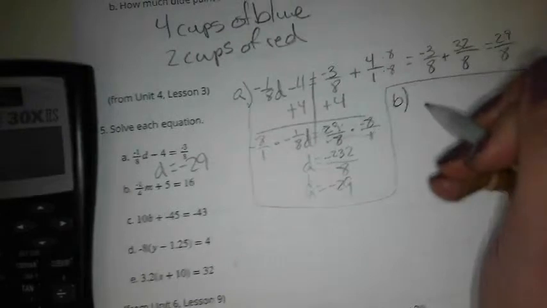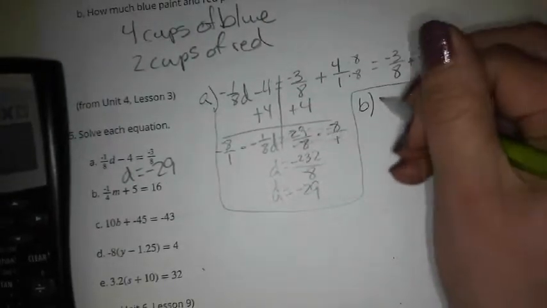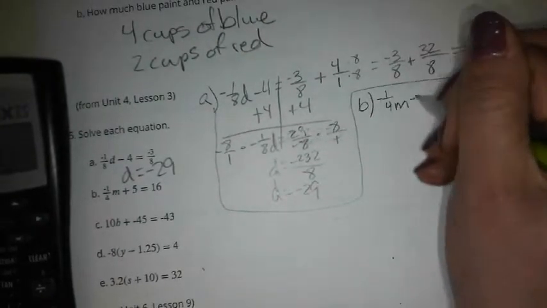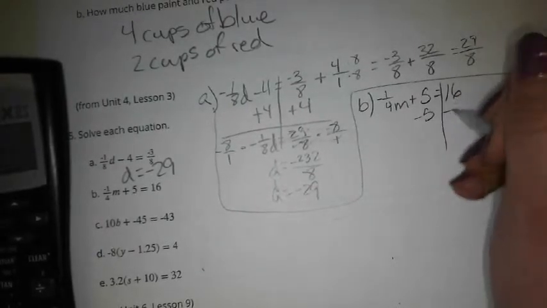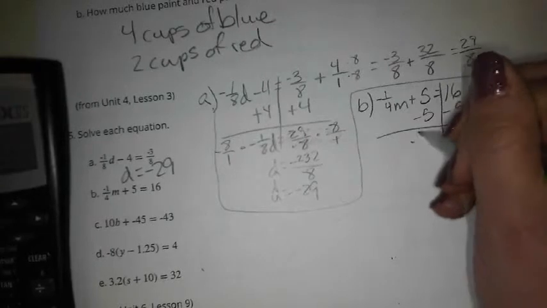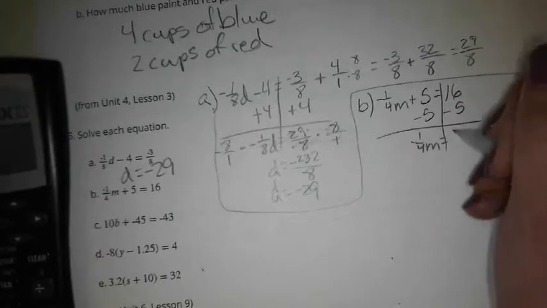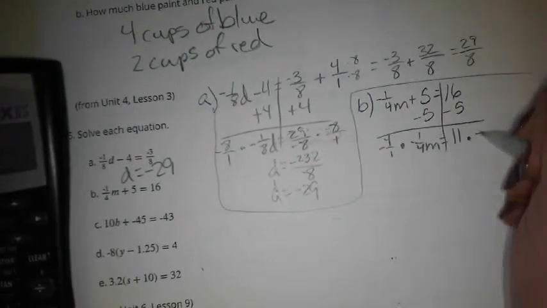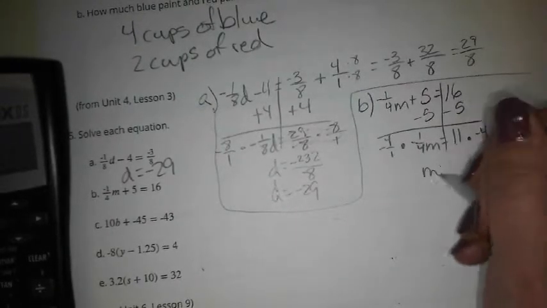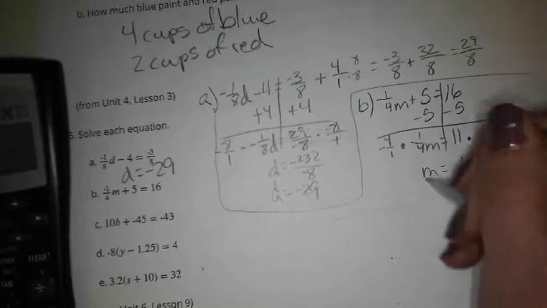All right, B, negative 1/4 m plus 5 equals 16. Subtract 5 from both sides. Negative 1/4 m equals 11, times the reciprocal. m equals negative 44.